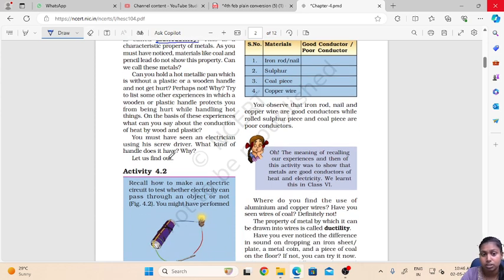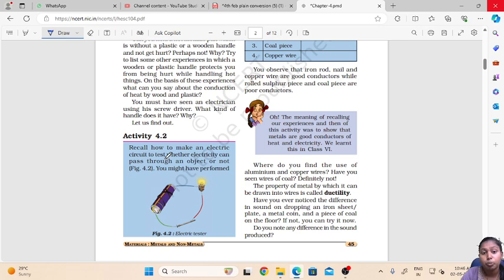Even the electricians' screwdriver has a plastic handle. Why is that? These plastic and wood handles protect us because metals easily conduct heat and electricity.